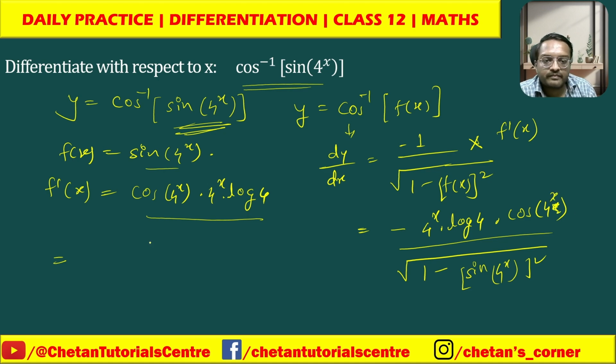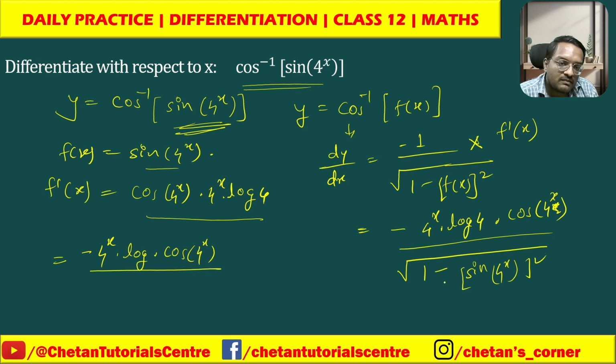Now this minus 4 raised to x into log of 4 will be multiplied with cos of 4 raised to x divided by this 1 minus sine of 4 raised to x bracket square under root, which will be written as under root of 1 minus sine square 4 raised to x.